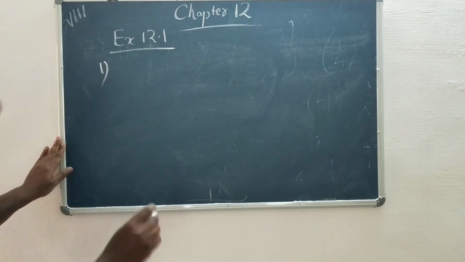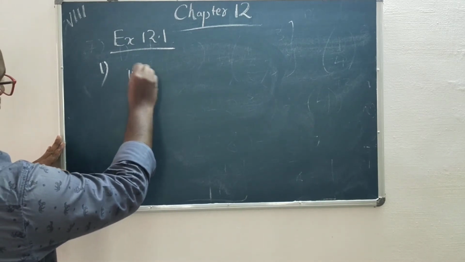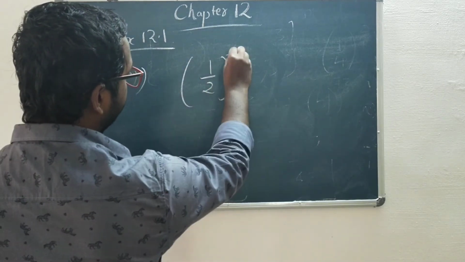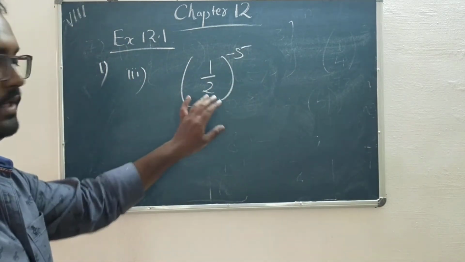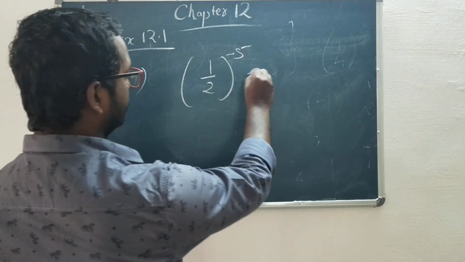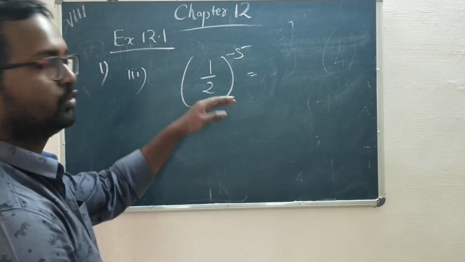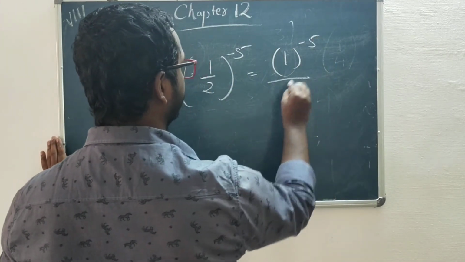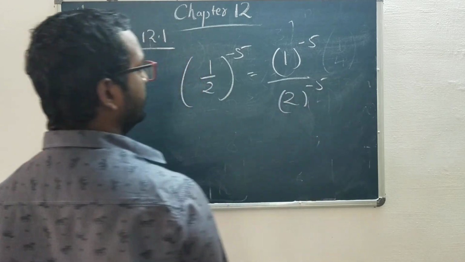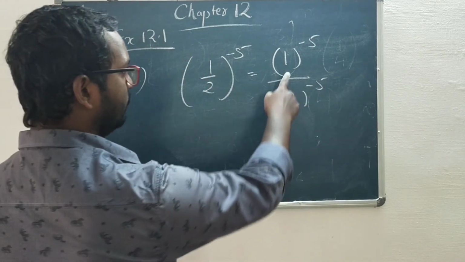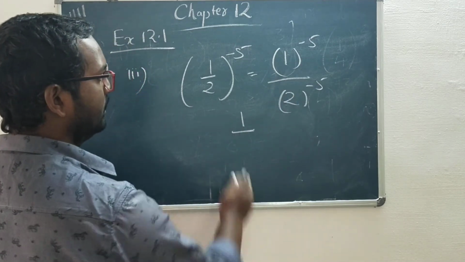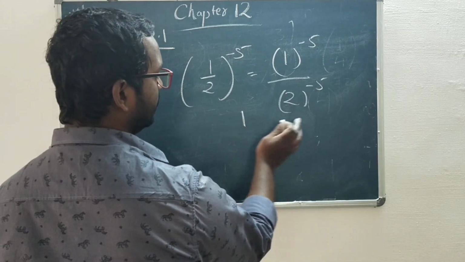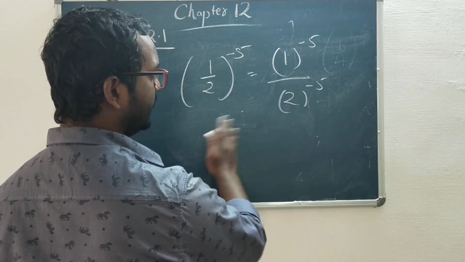In that, the third one is 1 by 2 power minus 5. Here we know the answer directly, it's 2 power 5. But how to solve it? 1 power minus 5 is actually 1. 2 power minus 5 will go to the numerator, becomes 2 power 5.